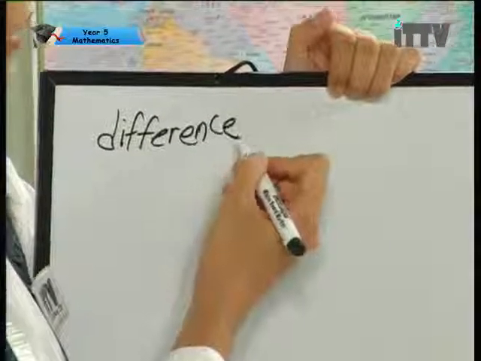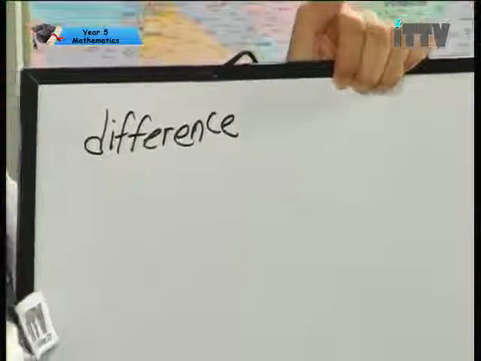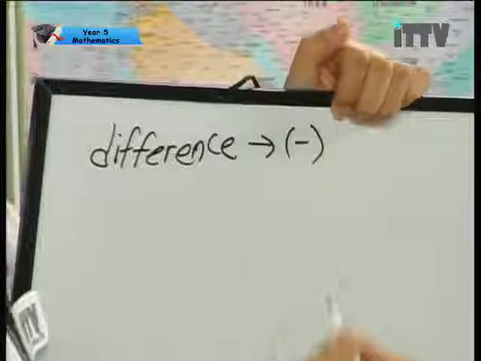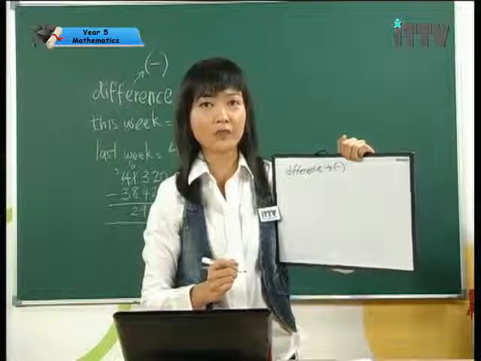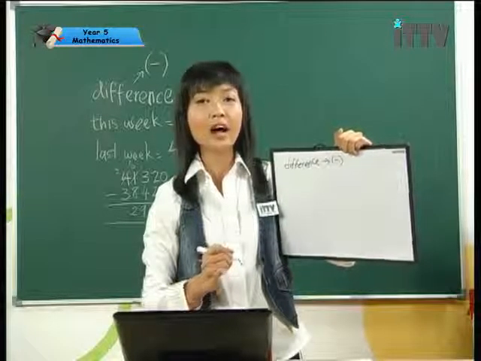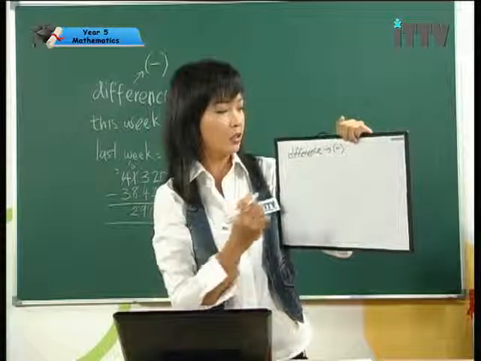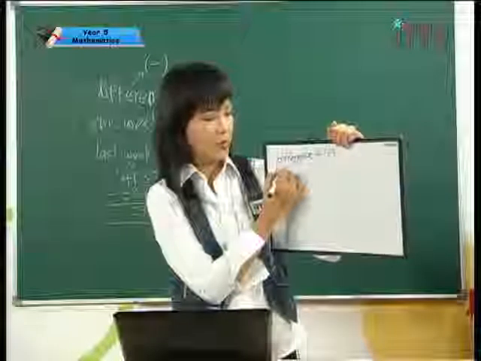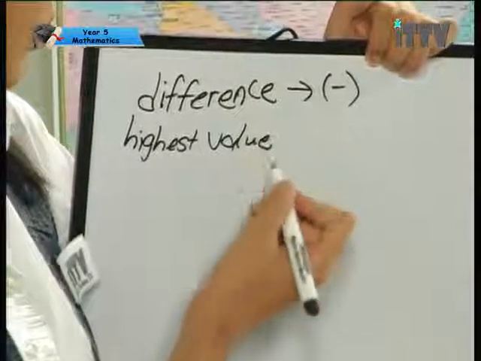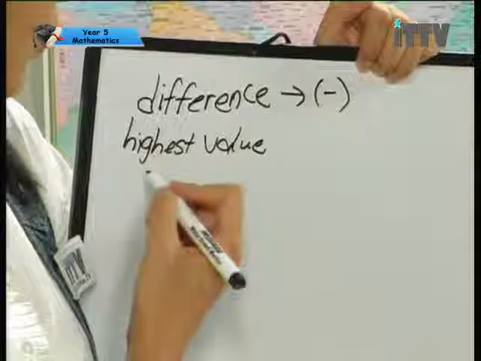Now when you see the word difference, what comes to your mind? Subtraction. Okay, so now I will remember to use subtraction. What are the keywords? Difference between the highest and the lowest value. Okay, so I must be sure to find the highest value and to find the lowest value.